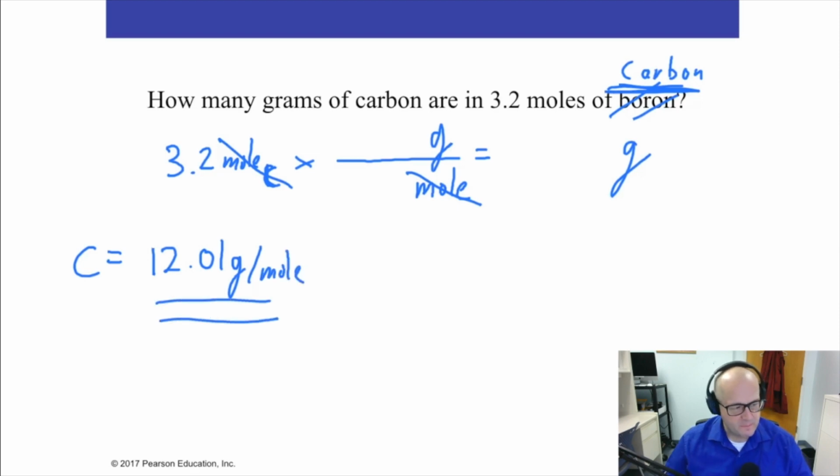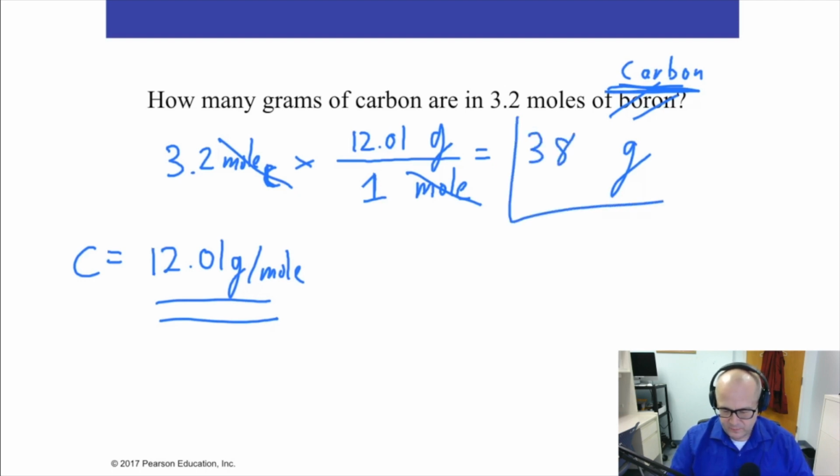You can just look that up. So we put 12.01 up here, and the number 1 is down there. Grab up your calculator. 3.2 multiplied by 12.01 equals 38.38 grams would give you 3.2 moles of carbon. Now carbon, I just looked up in the old periodic table. Nothing to it. Okay?